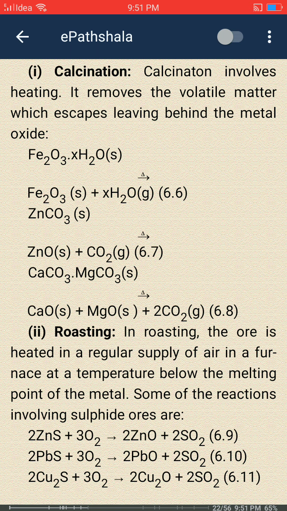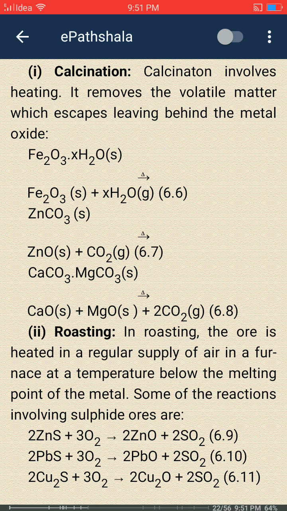And second example, that is zinc carbonate. The same way, when zinc carbonate is heated, we get zinc oxide, leaving behind the metal oxide. Zinc oxide will be the metal oxide.